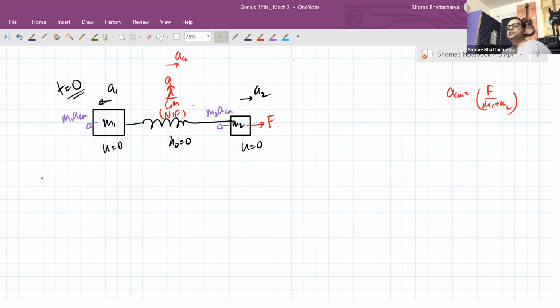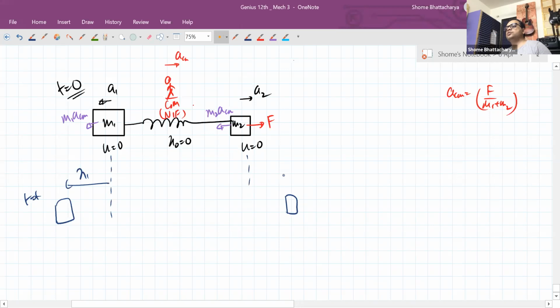Okay. So now if you look at the same situation after some time at t equal to t, so by now this block has moved by x1 and this block has moved by x2. So the spring has got an extension of x1 plus x2.